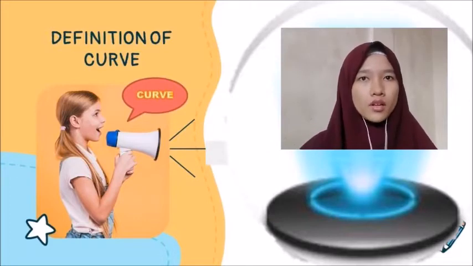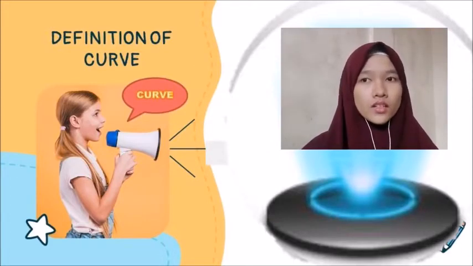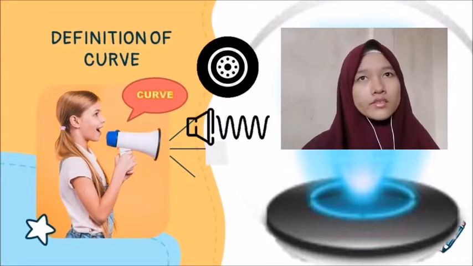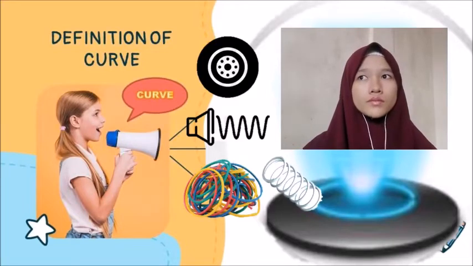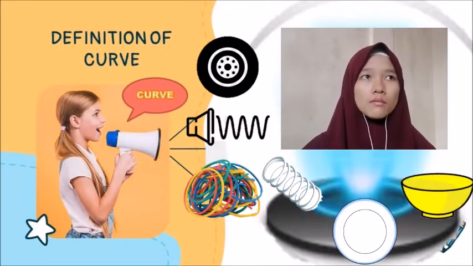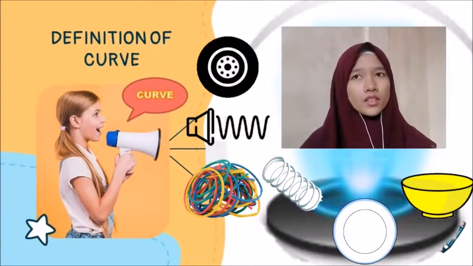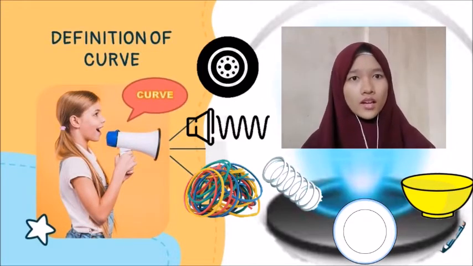Okay, examples of curves in reality are such as wheel, sound wave, rubber band, spider web, plate, ball, and I think there are many examples of curves in our daily life.